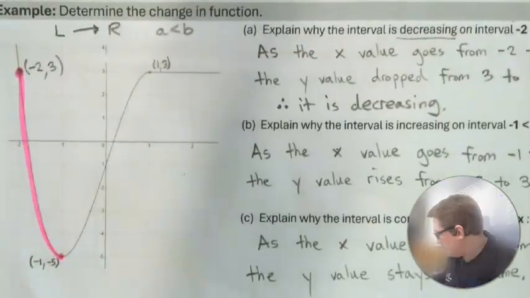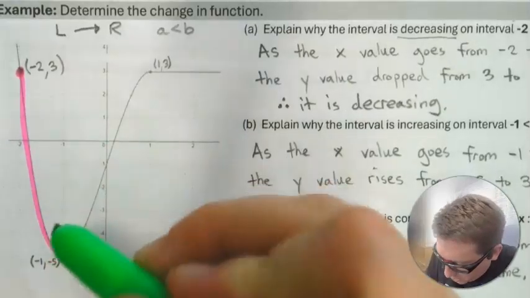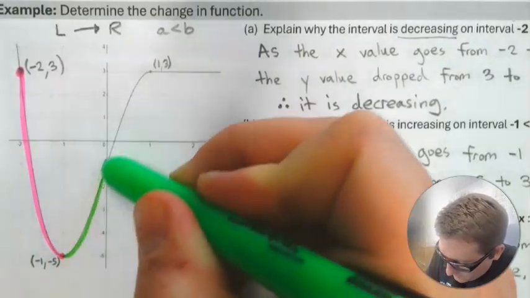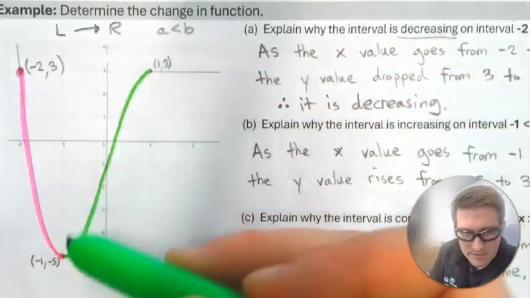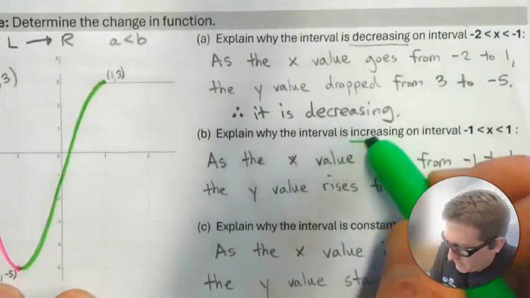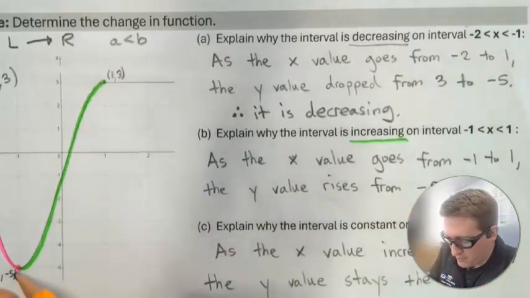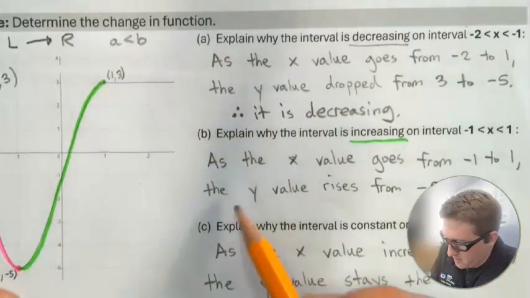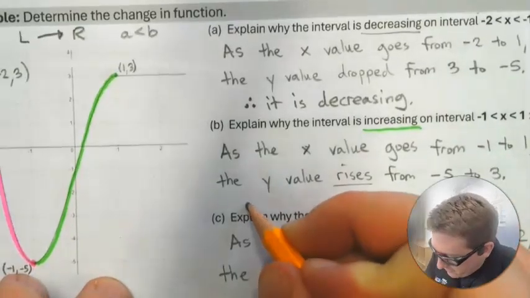But now coming back to my graph, here, as I go from -1 to 1, my graph is now rising. It's going higher and higher, right? And that's showing me what increasing is, right? So as the x value goes from -1 to 1, the y value rises from -5 to 3.